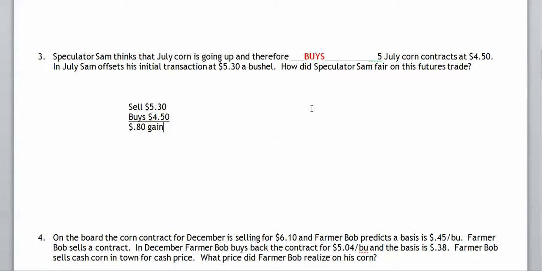They have an 80-cent bushel gain. $0.80 a bushel times 5 contracts at 5,000 bushels a contract equals 25,000 bushels, and 80 cents times 25,000 bushels equals $20,000.